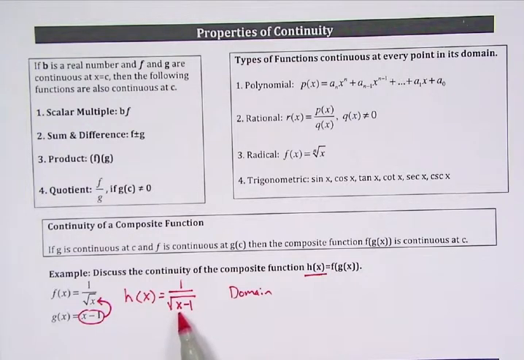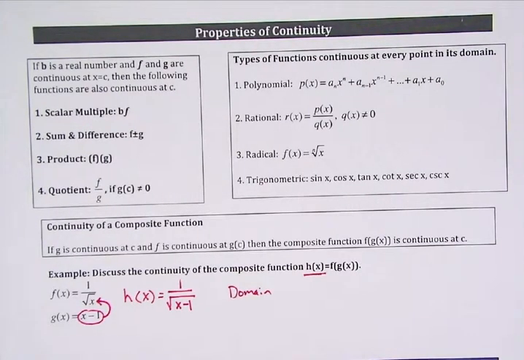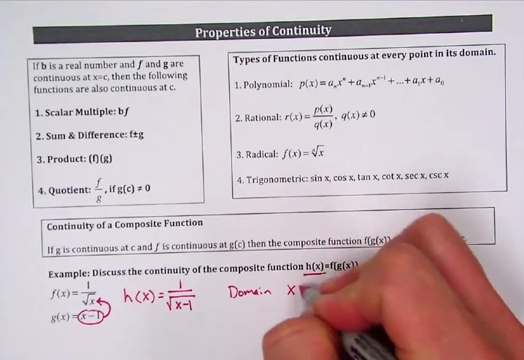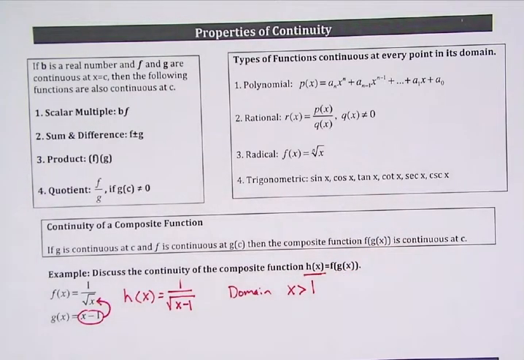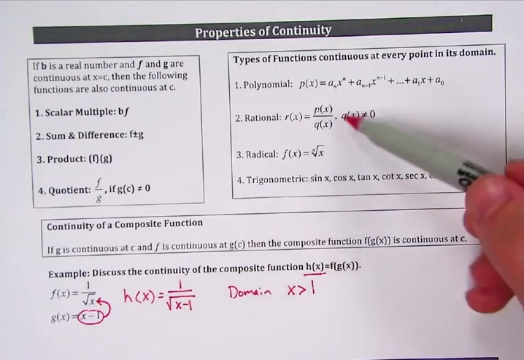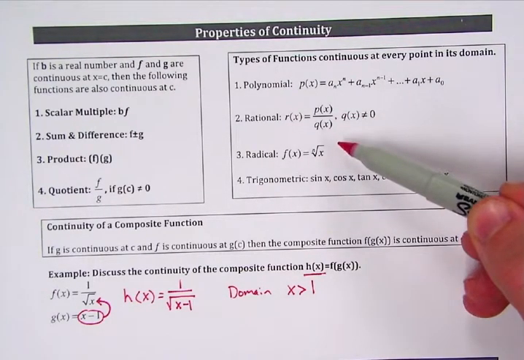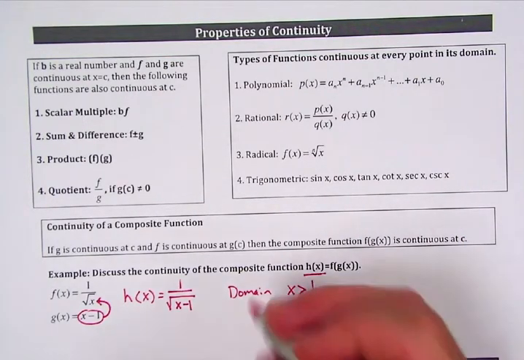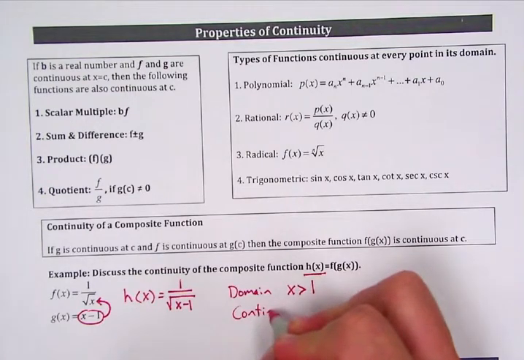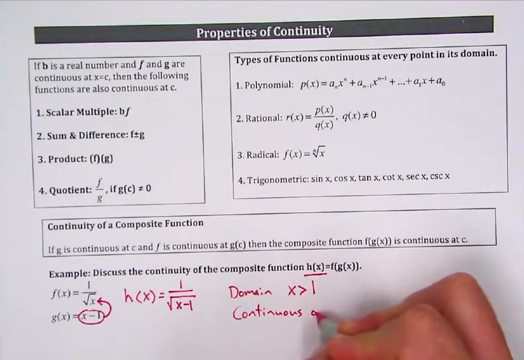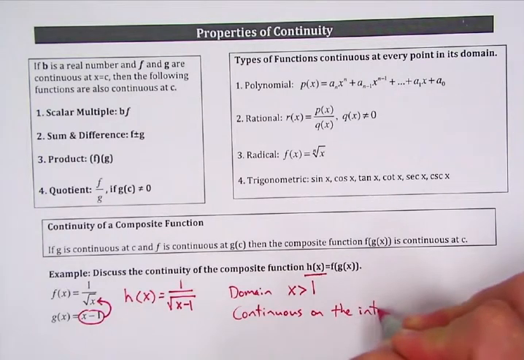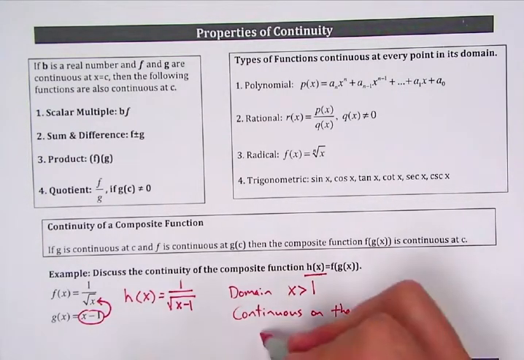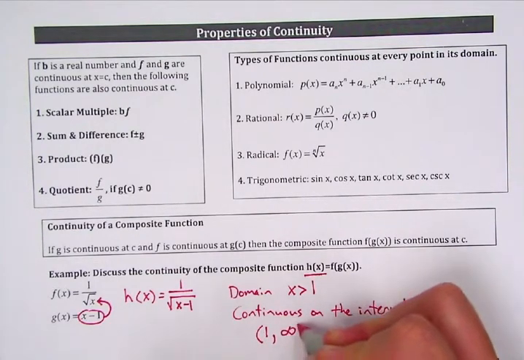And we know it can't equal 1 either, because then that would give us 0. So the domain is x is greater than 1. Now because it's rational and we have a radical, we know that it's going to be continuous at every point in its domain. So what we're going to say here is it's continuous on the interval, we'll make this open, 1, comma infinity.